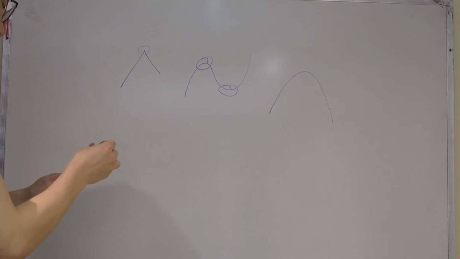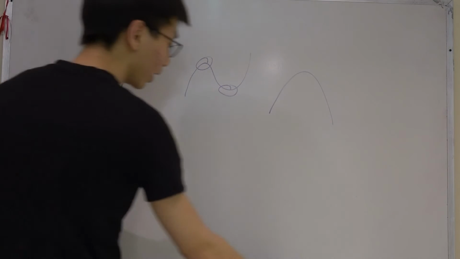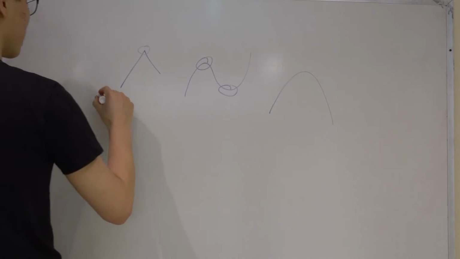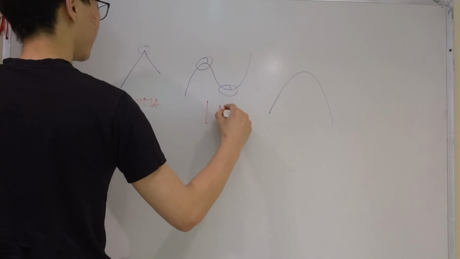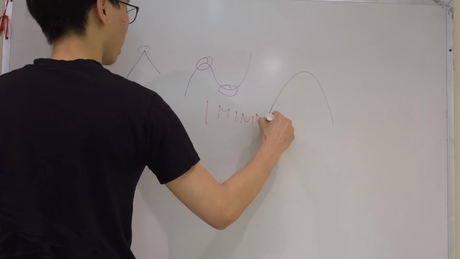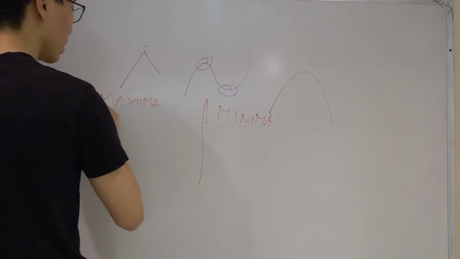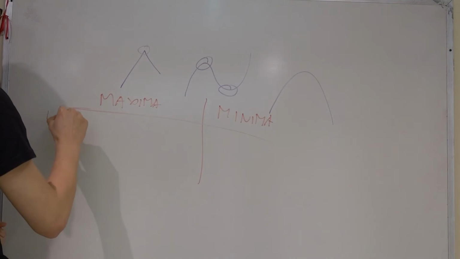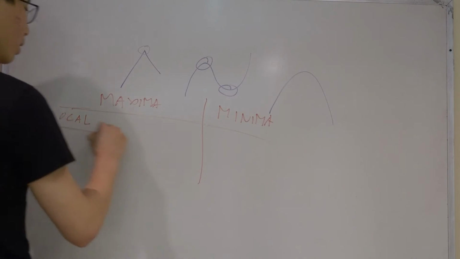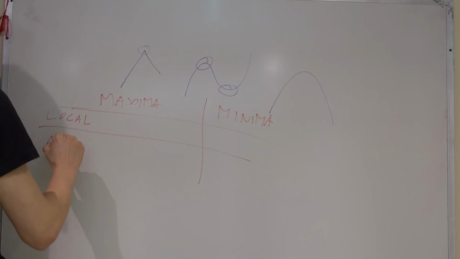So we have terms for this, and it's pretty self-explanatory. It's maxima and minima. So maxima and minima. Okay? And in these cases, we have two different types of maxima and minima. They're called local and absolute.